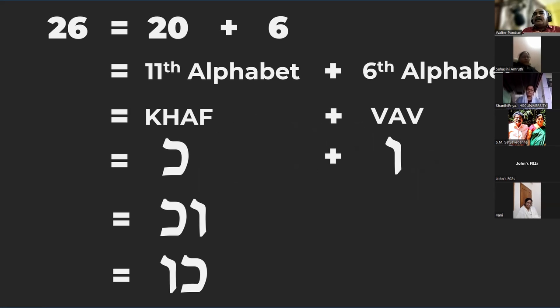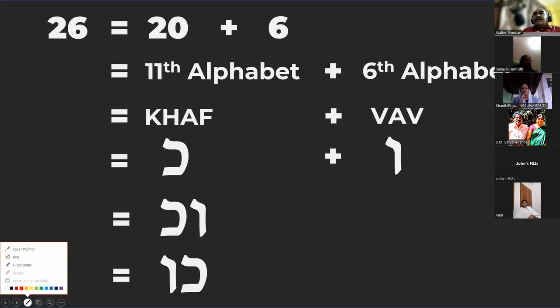So Kaf means palm. What is the value of Kaf? Kaf's value is 20, and Vav's value is 6. So 20 and 6 is 26. See here, this is Kaf, the value of Kaf is 20, and the value of Vav is 6.